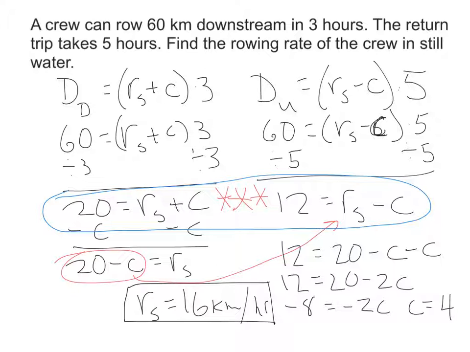It's tempting to eliminate the distances by adding them together, but you'll notice that that would leave you with one equation with two variables. So you actually need to keep the information that the crew is going 20 kilometers an hour with the stream, and 12 kilometers an hour against the current.